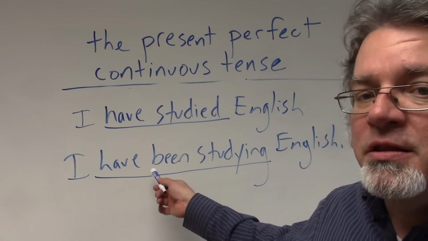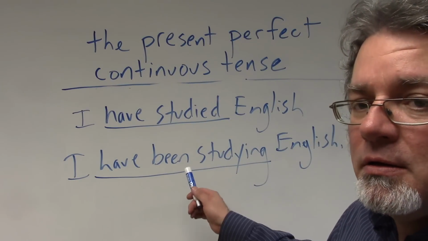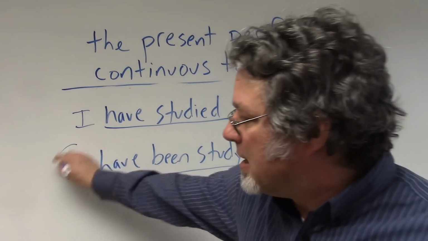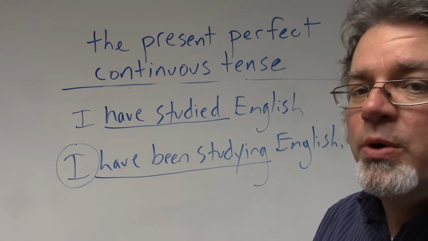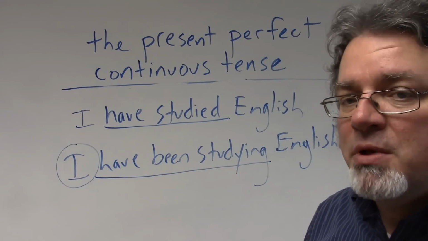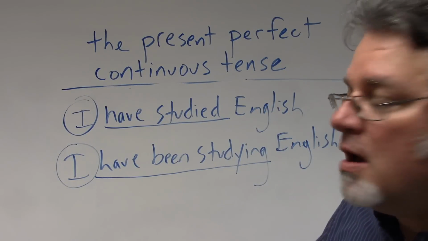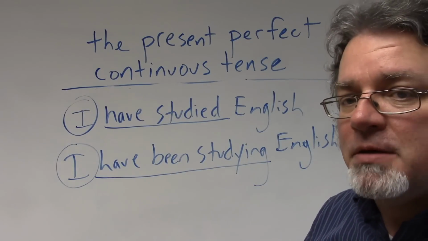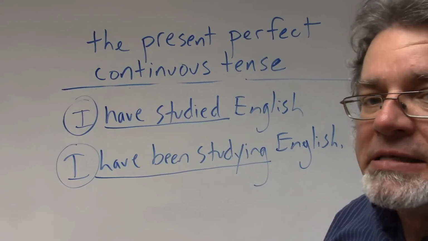This started in the past and it continues now. This sounds like the subject, whatever the subject is, is still doing it. Over here, there's the possibility that the subject is not doing it now, but did it sometime in the past. We just don't know when exactly this happened.